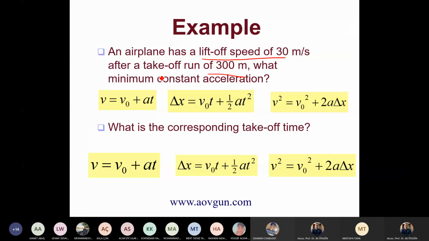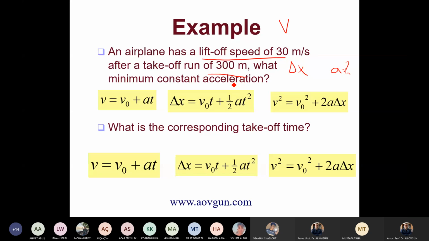What minimum constant acceleration is required? Lift-off speed means this one. So you know the speed v, and you know the takeoff run, which means delta x. You know delta x. So you are going to calculate the minimum acceleration.